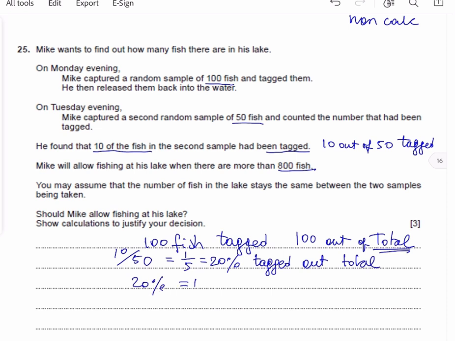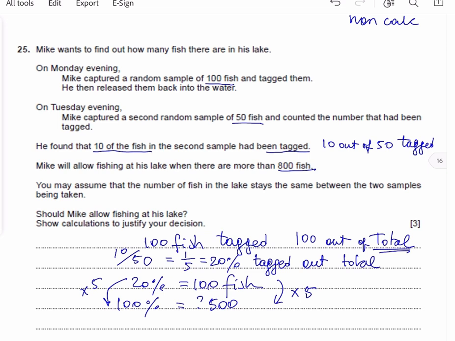So 20% of the fish is tagged in the lake. So we're just going to work out 100%, the total amount. So from 20 to 100, that is 5 times more. So we're going to do the same with 100. And that will give us an amount of 500 fish.